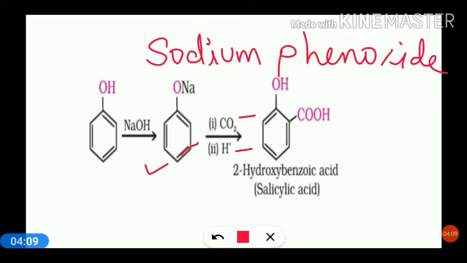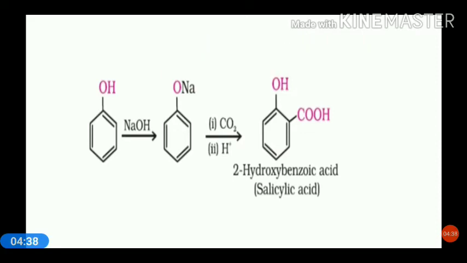So when carbon dioxide reacts, then with the acid, it gives rise to salicylic acid, IUPAC name 2-hydroxybenzoic acid. So in Kolbe's reaction, we can form 2-hydroxybenzoic acid or salicylic acid from phenol.